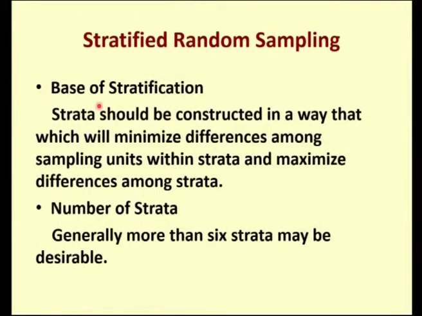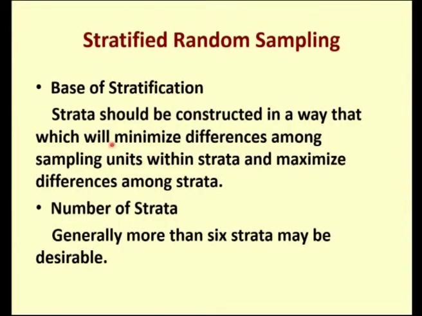What is the basis of stratification? We know we have to divide the population into groups and take a sample from each group. Now, how many groups should there be? In the population, we have to decide about the groups and the number of samples, and that is given as the basis of stratification. Strata should be constructed in a way that minimizes the differences among sampling units within strata and maximizes differences among strata.